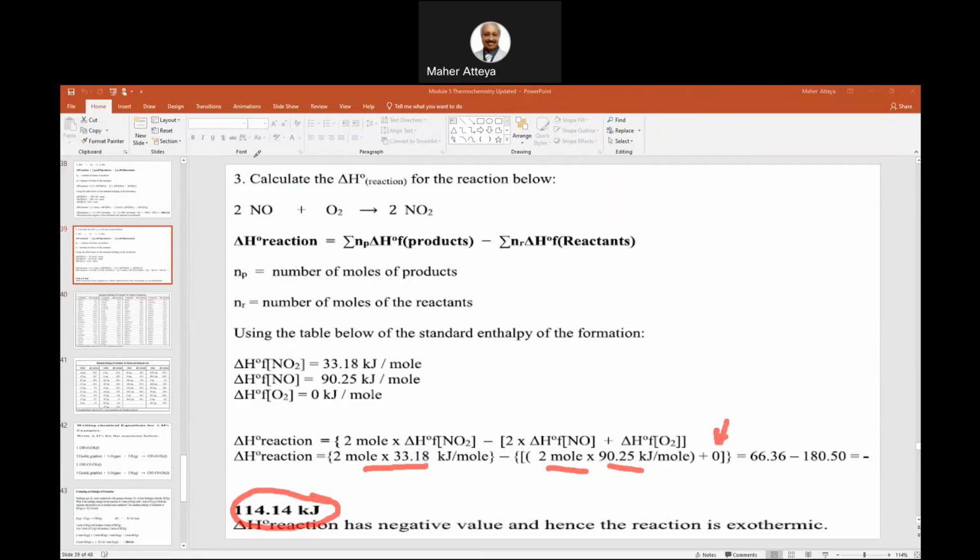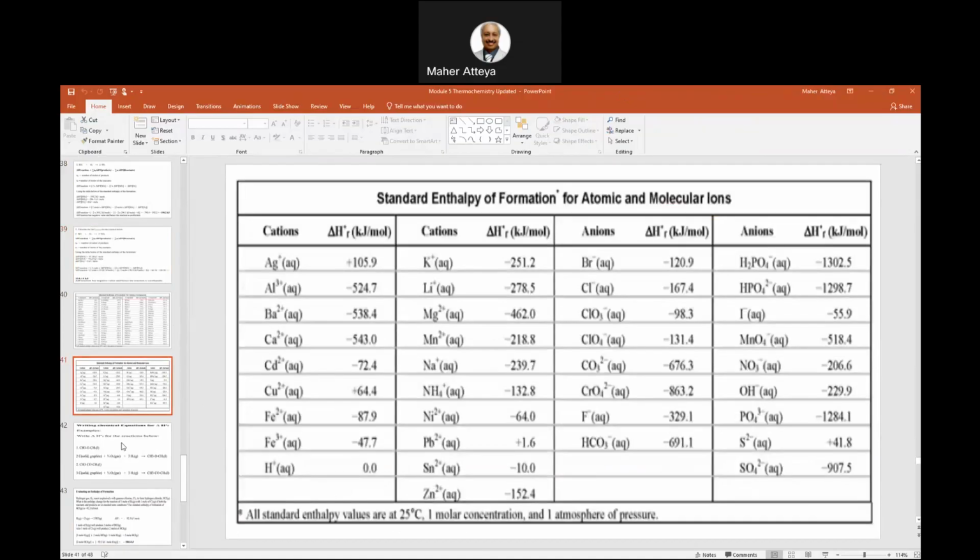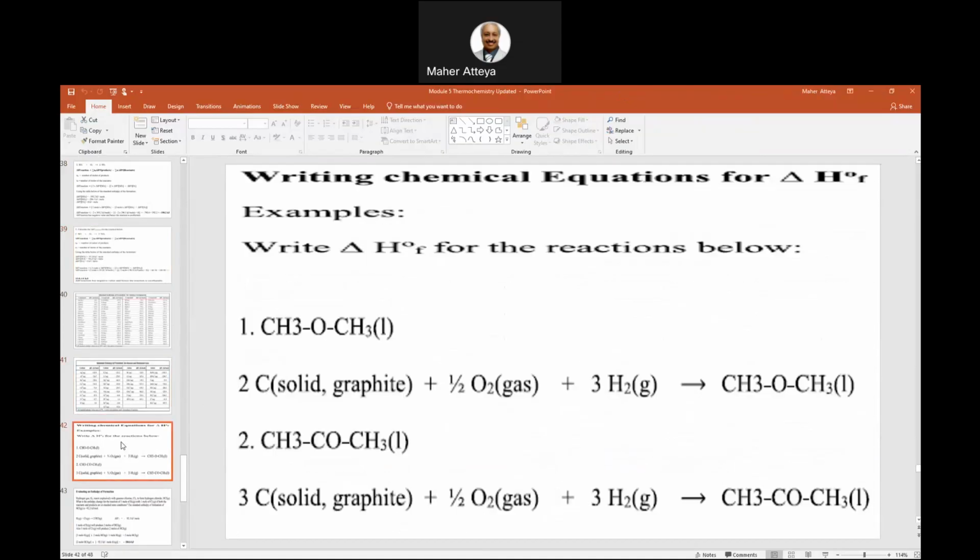So let's get into another example here. I need this one to know how to solve it: writing chemical equations for delta H formation. Here it is an ether. This is a compound, and I want to see how it's formed.